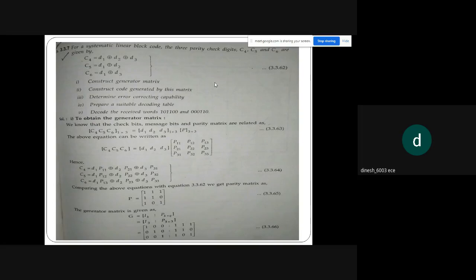In C5, we have values only for D1 and D2, so put 1 against D1, 1 against D2. D3 is not there, so put 0. Now for C6, D1 and D3 are there, D2 is not there. So for D1, 1, for D2, 0 and D3, 0. Thus you will get this parity matrix P.